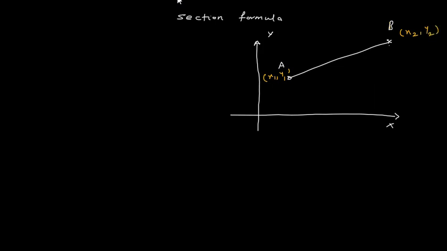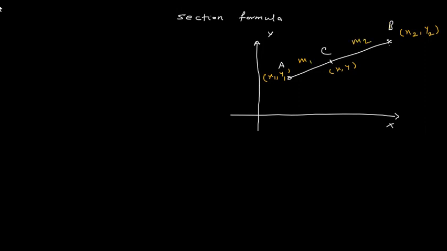And say there is a point C, and the coordinate of this point C is x, y. This point C divides AB in the ratio m1 to m2. So this ratio is m1 : m2.